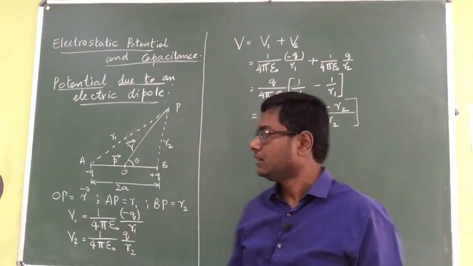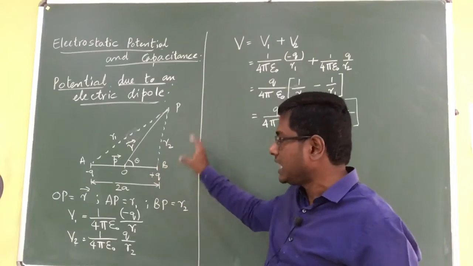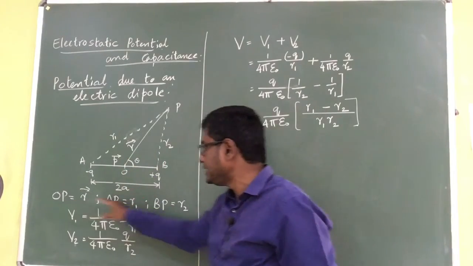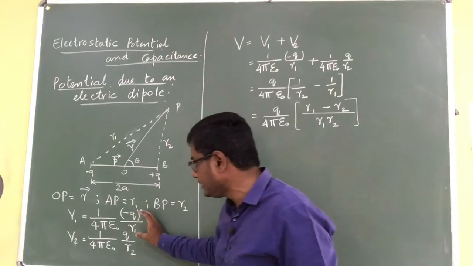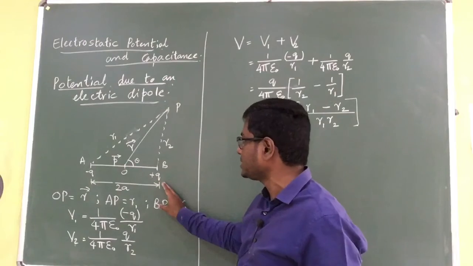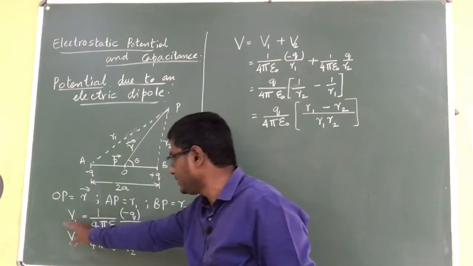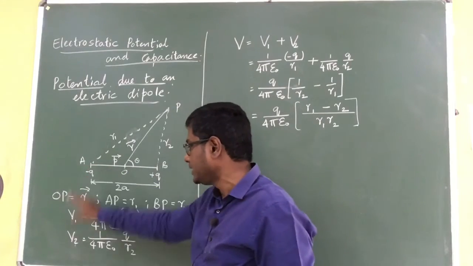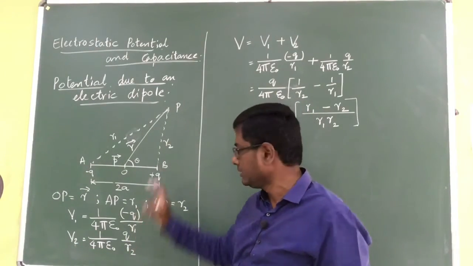I hope till this stage everything is clear to you. What have we done? We have drawn a diagram, we have explained the diagram. After that we have written about the distances which are present in the diagram. After that we have written the individual potentials of individual charges which are going to appear at this point P. So V1 is due to minus Q and V2 is due to plus Q. We have written up to this much.